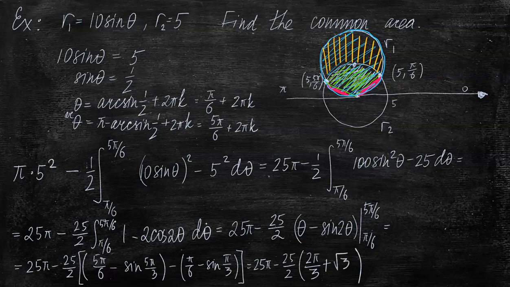And I think we are now ready to write the final answer. We're going to have 25 pi minus 25 pi over 3, that's 50 pi over 3, and minus 25 root 3 over 2.